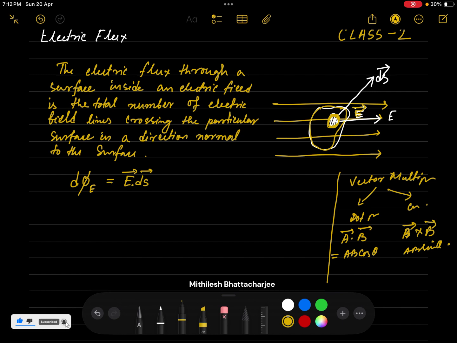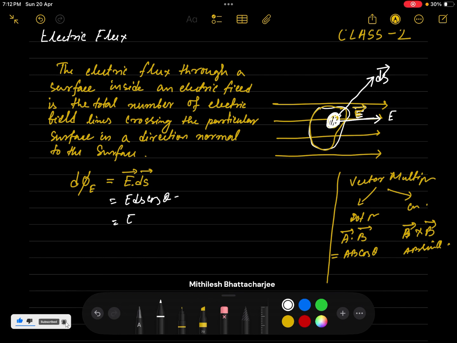So E dot ds is the electric flux. Okay, so if we consider the electric flux through this surface denoted as ds, and the electric field is E, then E dot ds is the flux. Now E dot ds is how much? E ds cos theta.